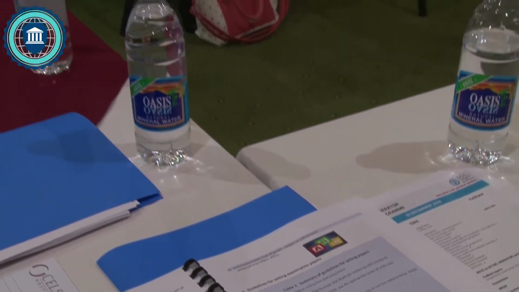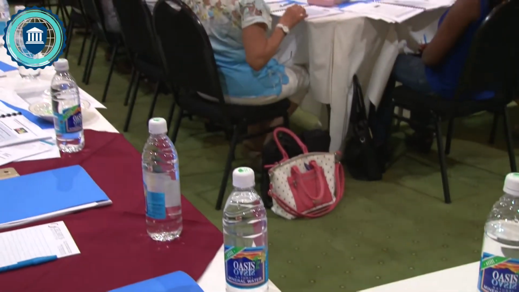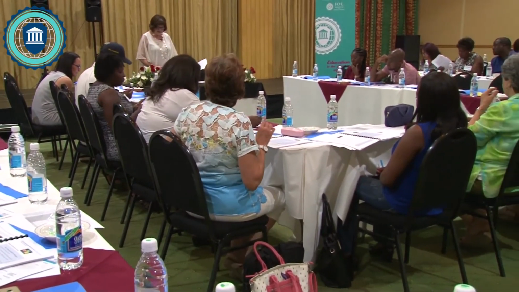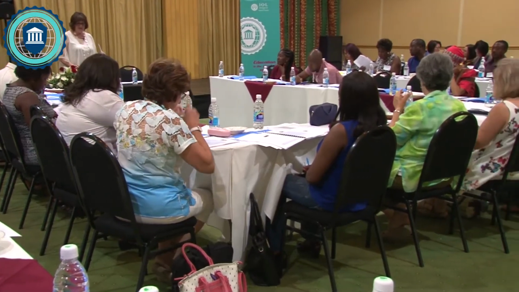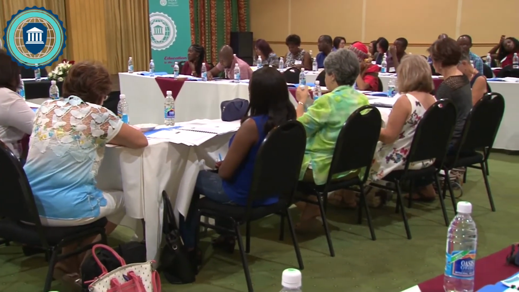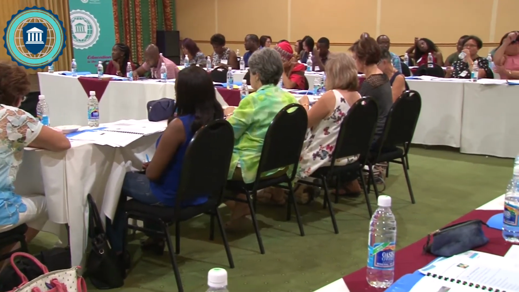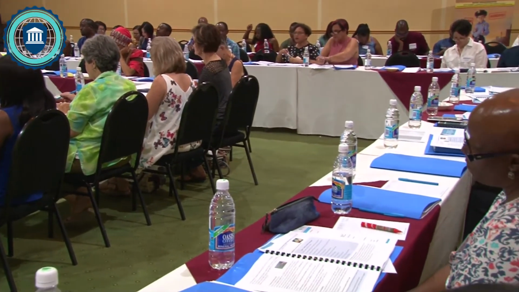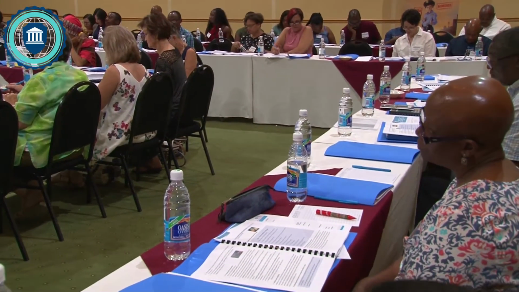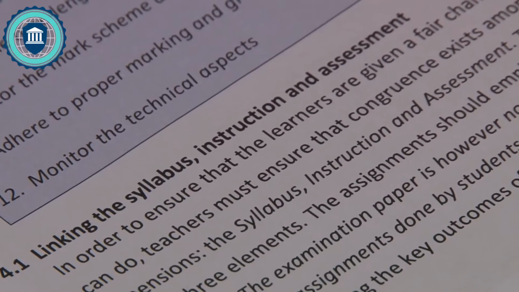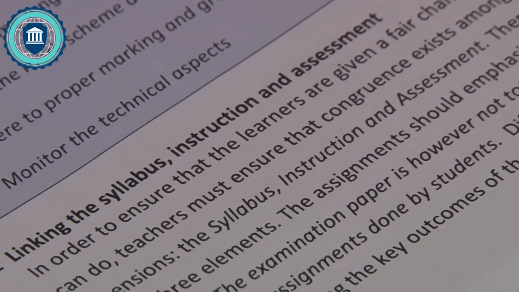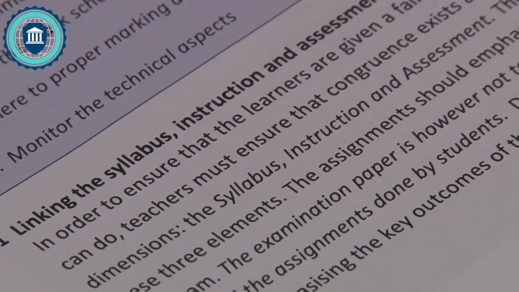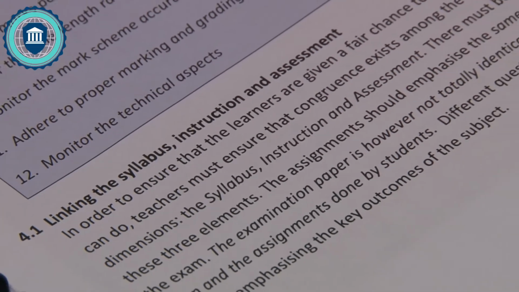Let's go to page 4. Now, this one, I'm going to take these guidelines on page 4, table 1, the summary of guidelines for setting papers. So you can always go back to this summary if you set your papers. I'm going to do it one by one, instruction and assessment. Assignments should emphasize the same key outcomes and areas as the examination.